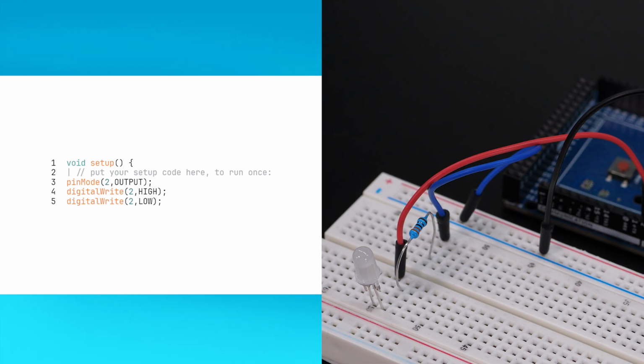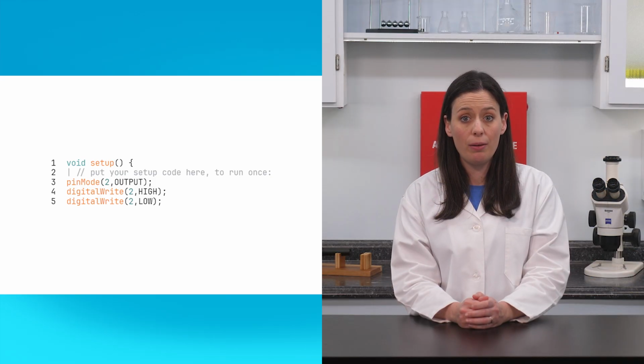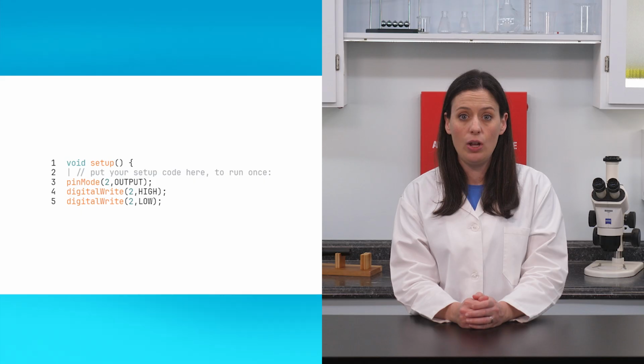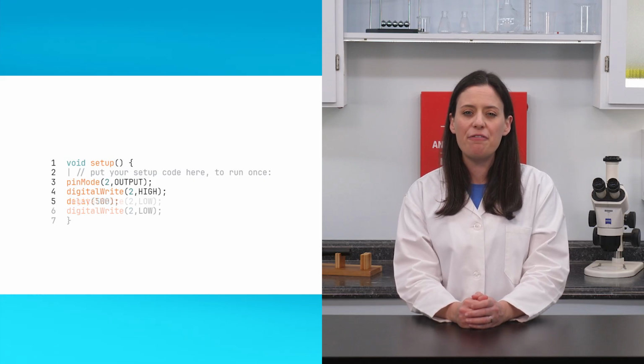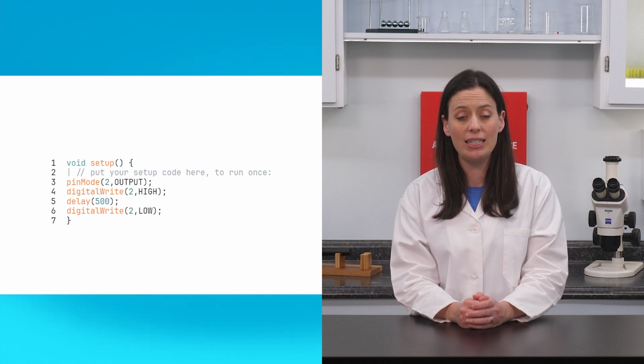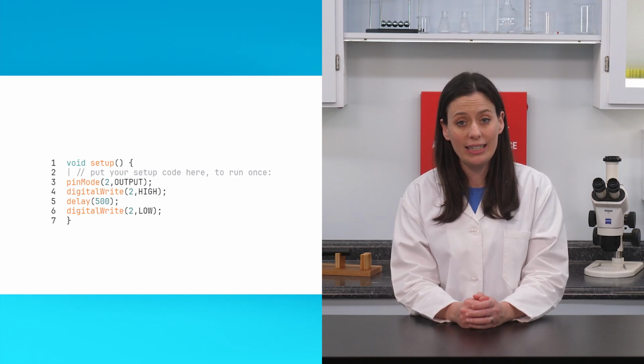What went wrong? Since the computer can process millions of lines of code in a second, the microcontroller turned the LED on and then turned it off in a millisecond, which is too quick for our eyes to perceive. To fix that problem, we need to tell the microcontroller to add some time to the high command. We do that with a delay command before the microcontroller turns off the current.